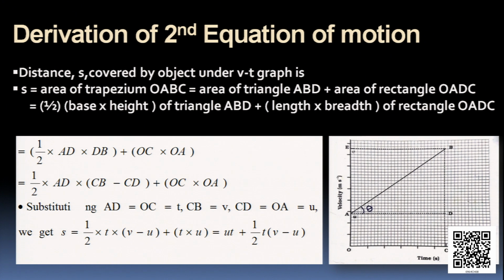Therefore it is 1 by 2 into AD into bracket CB minus CD bracket close, plus OC into OA. Now substituting the values: AD is equal to OC is equal to T, CB is equal to V, the final velocity in this figure, and CD is equal to OA is equal to U, that is the initial velocity of the object.